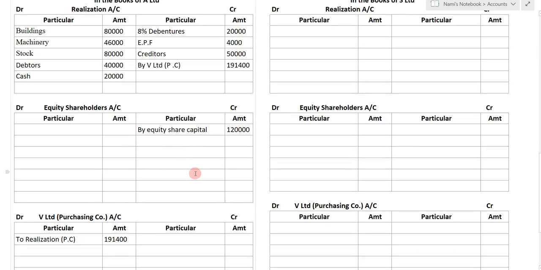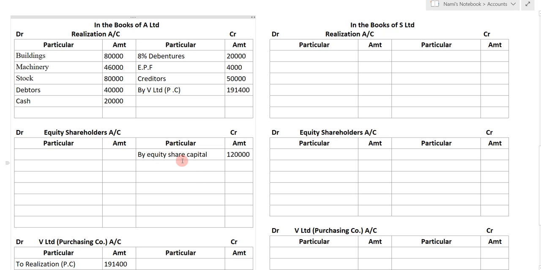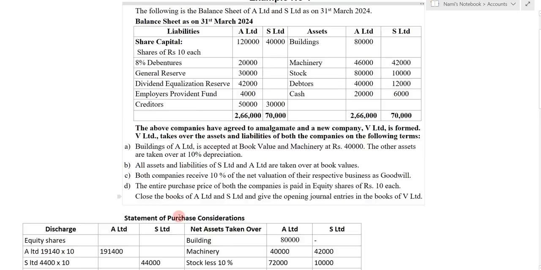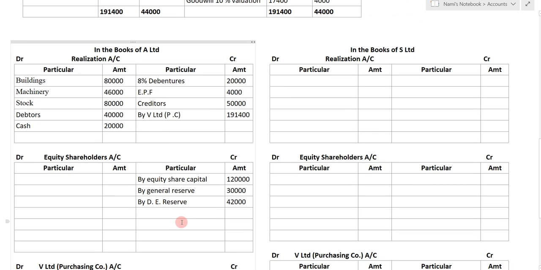So all the reserves are to be transferred to the equity shareholders account of A Limited.